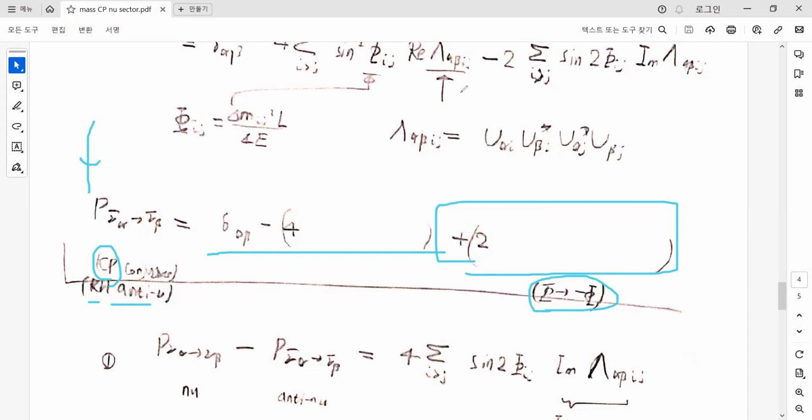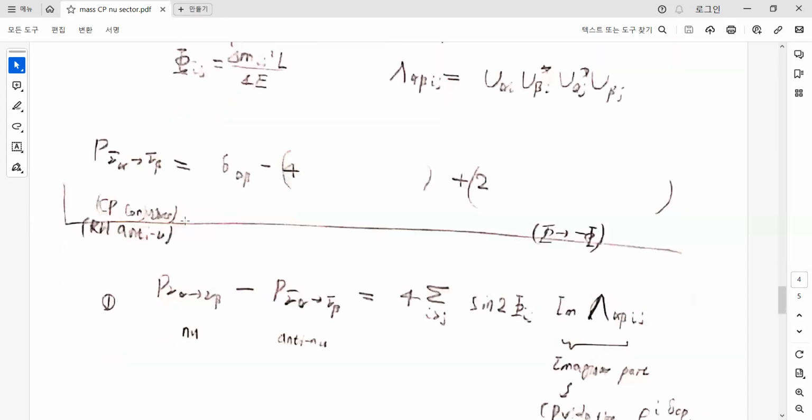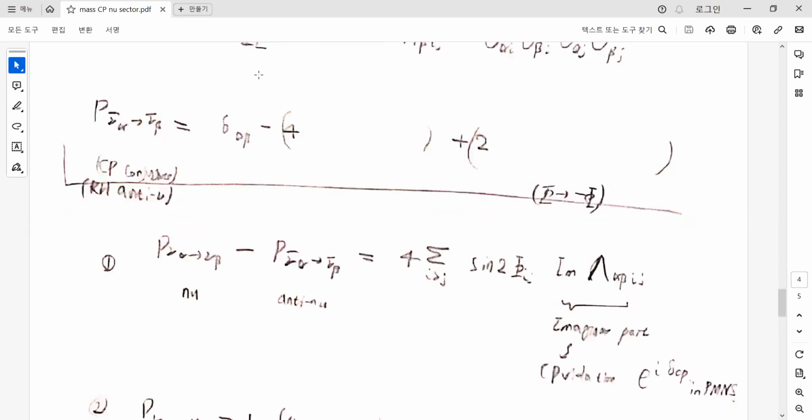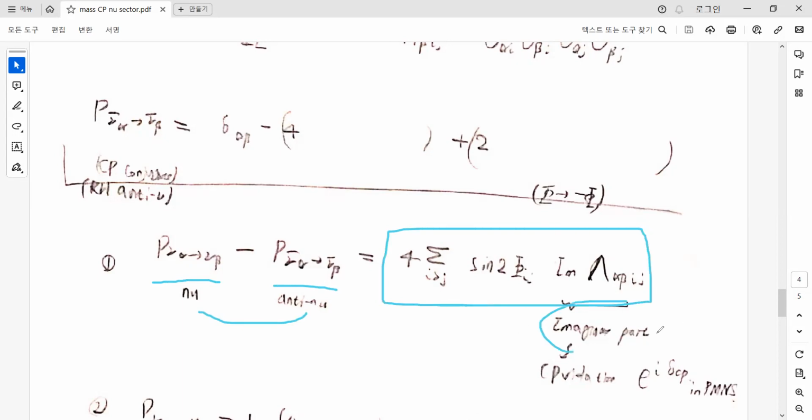So the point is if we subtract the second formula from the first, the oscillation probability for the neutrinos and anti-neutrinos, such a difference between the neutrino and anti-neutrinos is proportional to the imaginary part. And the imaginary part is related with the CP-violating phase, exponential i delta CP in the PMNS. So the difference of the neutrinos and anti-neutrinos is related with the CP violation of neutrinos.